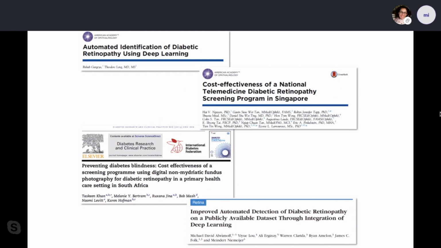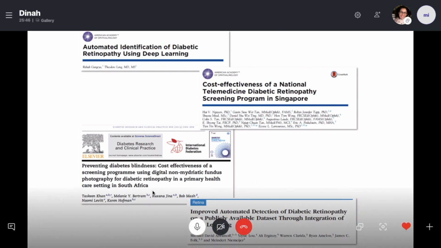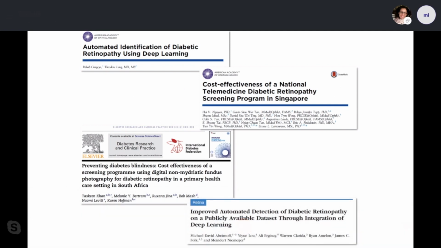And even more, it has been shown that those automatic detection algorithms can be used in a publicly available data set in order to integrate deep learning. And this is what we want to do. We don't want to reinvent the wheel from the beginning, but use the existing algorithms and improve them on large data sets that we are going to obtain while doing the manual step of the project, which we will show you now.